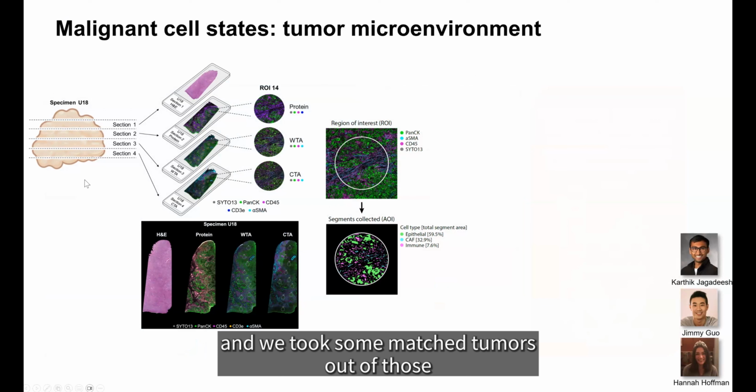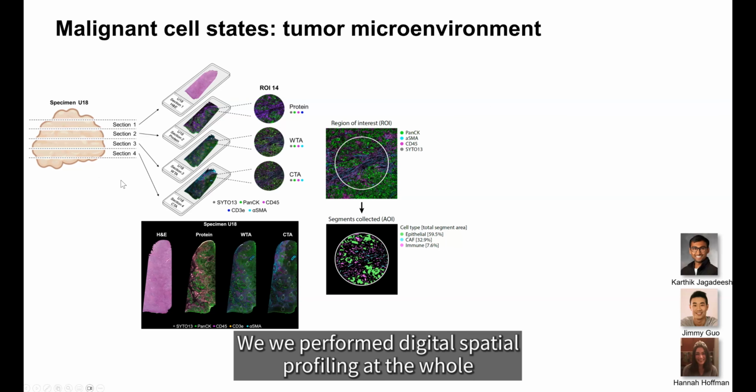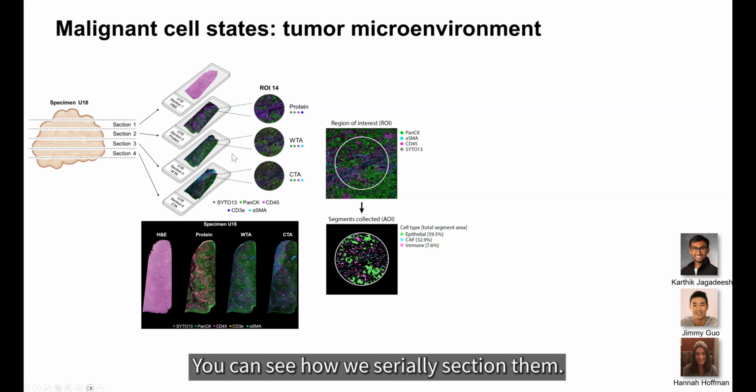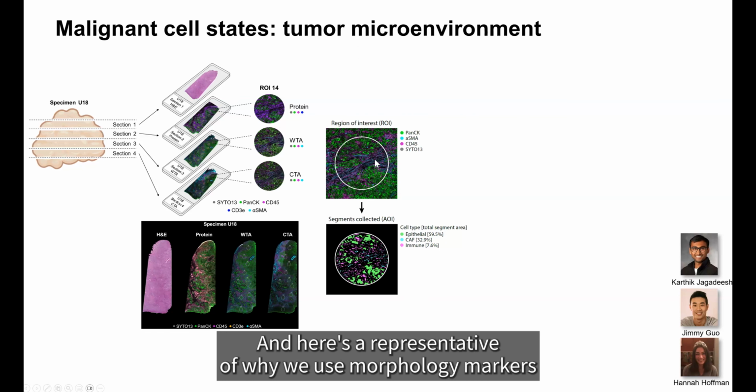And we took some matched tumors. Of those 43 that we did single nucleus RNA sequencing on, we performed digital spatial profiling at the whole transcriptome level for about 21 of those tumors. You can see how we serially sectioned them. We used the H&E slide to basically guide ROI selection. And here's a representative ROI.